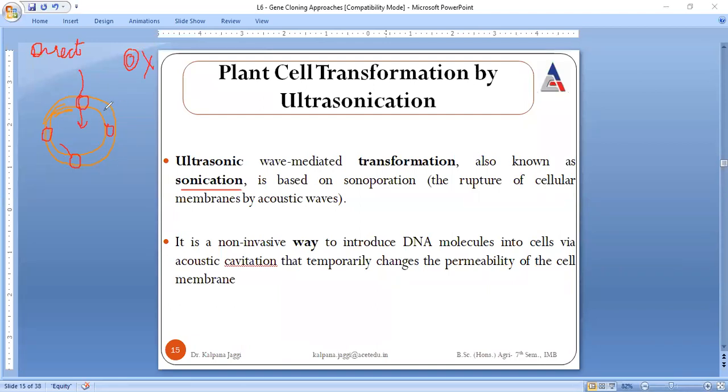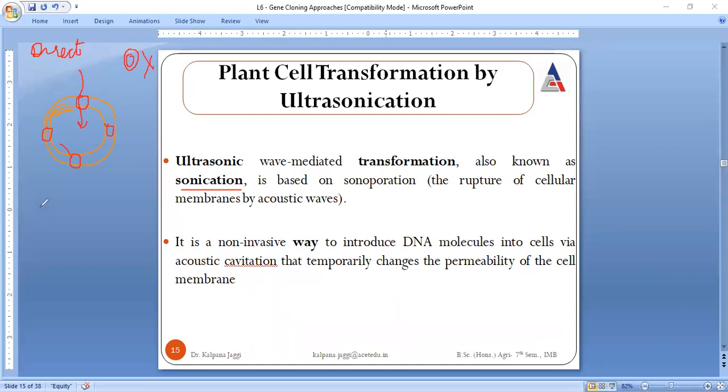No, the cell membrane will remain, and within the cell membrane pores will be made, and through these pores there will be the entry of our desired gene construct. These pores are generated by creating high sound waves, and as a result of high sound waves there are going to be pores within the membrane, and through these pores there will be easy and direct penetration of our desired gene construct.